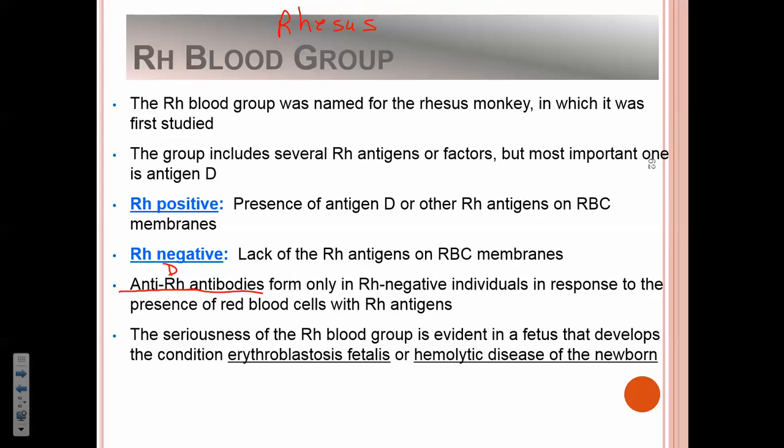But if some positive cells get in you, you're going to start producing the antibodies. That's how most antibodies are. You don't make them until you encounter the antigen that they would fight. So they also look at the positive and negative factors during a blood transfusion, but the question on your test will not involve that. It's just the ABO. Okay?